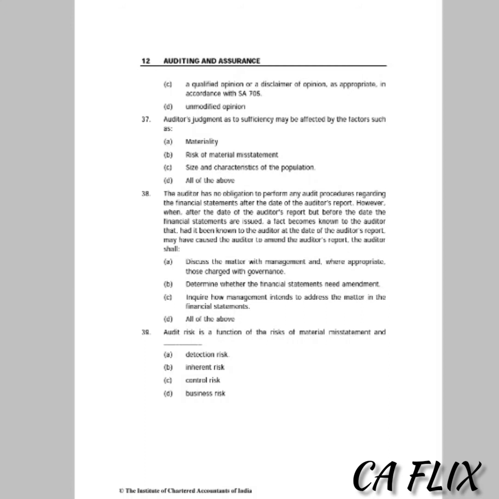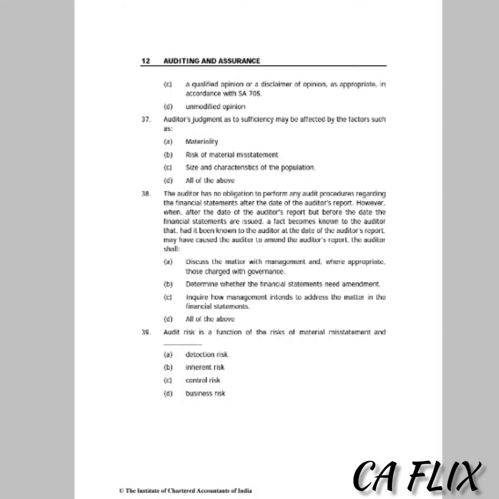Question 38. The auditor has no obligation to perform any audit procedure regarding the financial statement after the date of the auditor's report. However, when after the date of the auditor's report but before the date the financial statements are issued, a fact becomes known to the auditor that, had it been known at the date of the auditor's report, may have caused the auditor to amend the auditor's report, the auditor shall option A, discuss the matter with management and where appropriate those charged with governance.